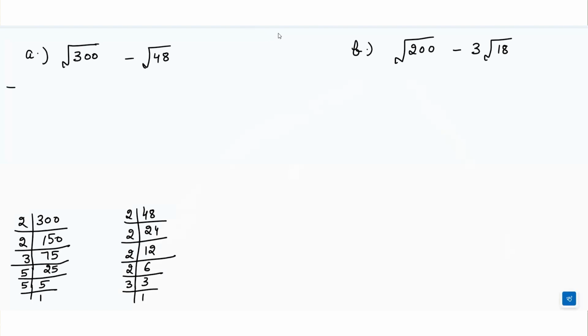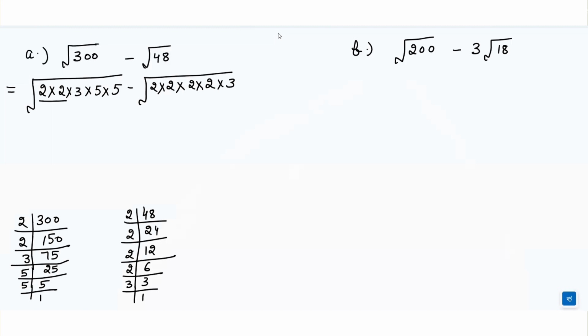So if I have to write it down, I will write it as square root of 2 into 2 into 3 into 5 into 5 minus again square root of 2 into 2 into 2 into 2 into 3. So this is a pair, this is a pair, this is a pair, this is a pair. What is left now? First we will write 2 into 5. Square root of 3 is left, minus 2 into 2, then root 3. So we'll get 10 root 3 minus 4 root 3.